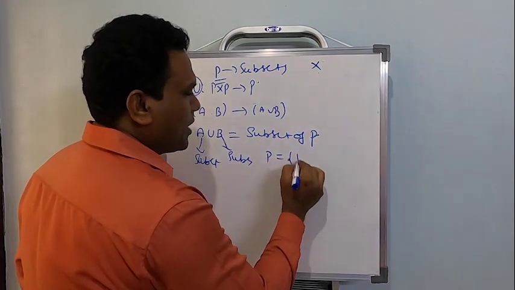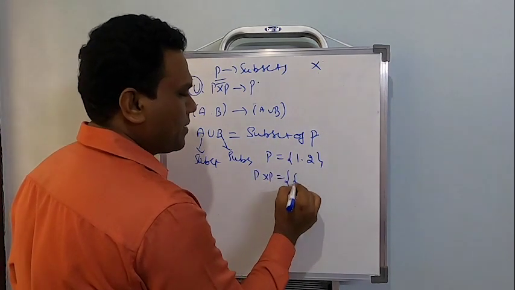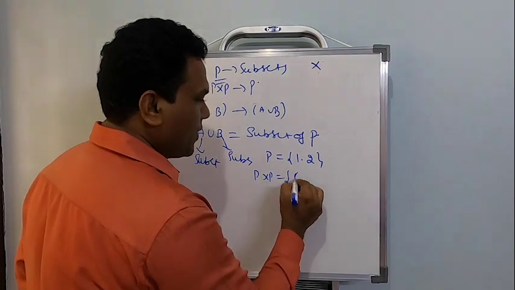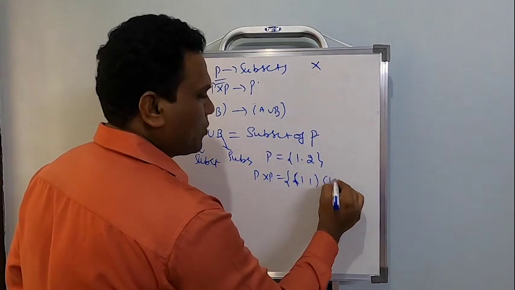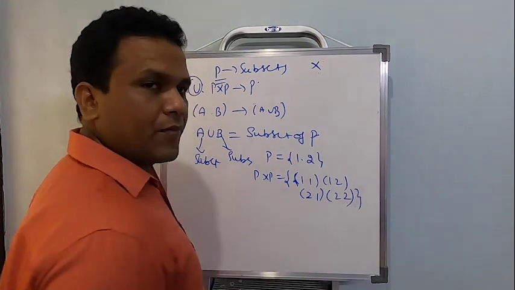Still not clear? So let me consider 1 comma 2. What will P cross P be? It's going to be first 1 comma 1, next 1 comma 2, next 2 comma 1, next 2 comma 2. Clear? Right.